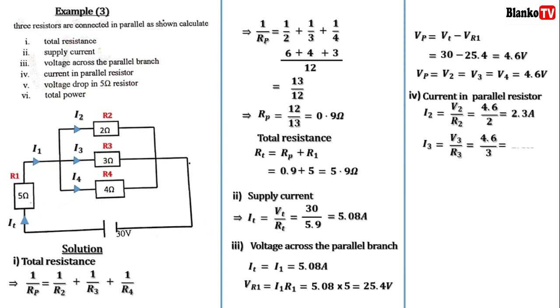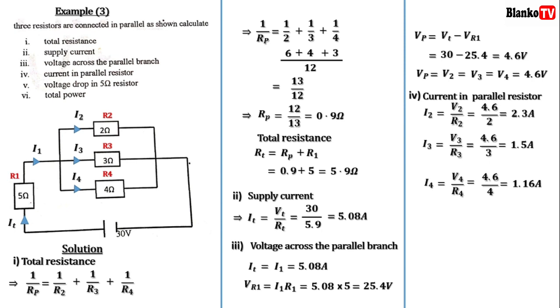That will give us 1.5 amps. I hope you are following it. Then I4 is equal to V4 over R4. So we have 4.6 over 4, which is equal to 1.16 amps. So I2 is equal to 2.3 amps, I3 is equal to 1.5 amps, and I4 is equal to 1.16 amps.